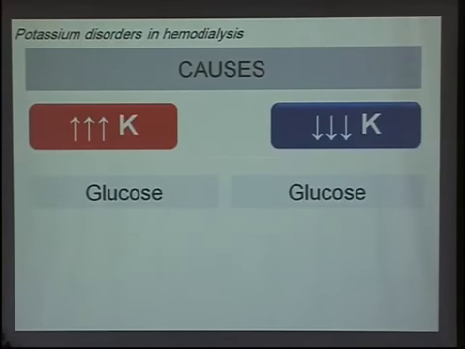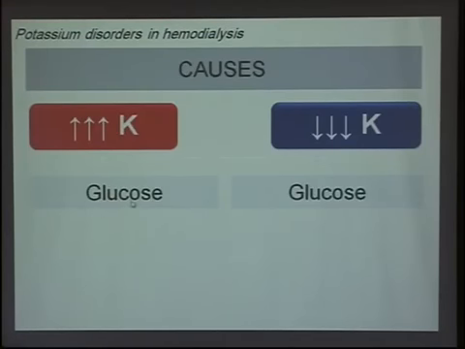What are other causes of dyskalemia which might or might not be related to hemodialysis itself? What about glucose? Does it increase or decrease potassium? Well, we all know that one of the treatments of hyperkalemia is to give glucose. But this will cause hypokalemia if insulin is there, whether it is external insulin or internal insulin, to make glucose enter inside the cell.